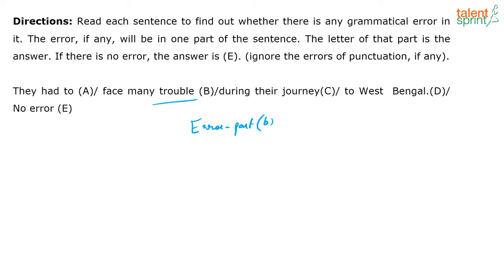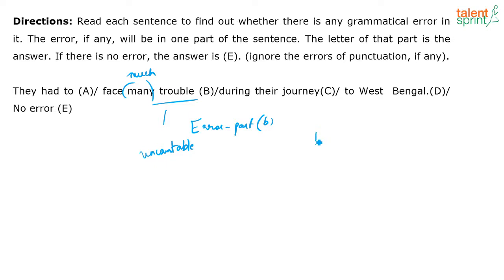Here, trouble is uncountable, right? It's kind of tricky because trouble can be countable as well as uncountable. You can have more than one trouble, troubles, right? Plural noun number. In that case, it becomes countable. But in the context, and generally, trouble is an uncountable noun. So, I can't use many for uncountable. I have to use much.